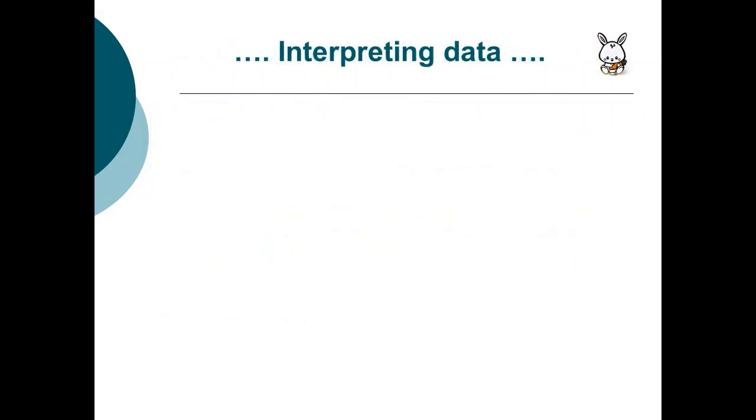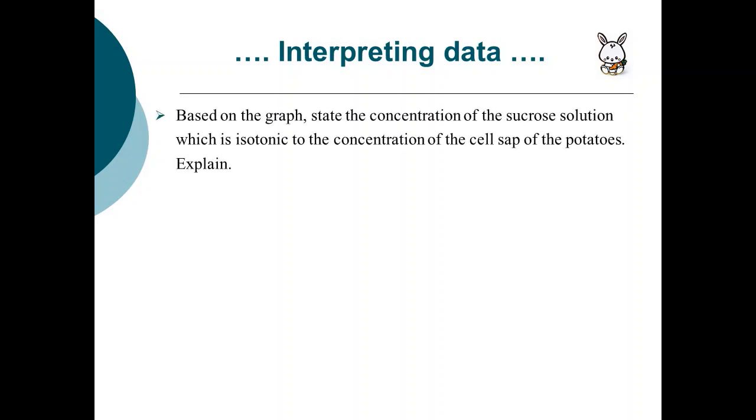Now we go to interpreting data. The question can be like this. Based on the graph, state the concentration of the sucrose solution which is isotonic to the concentration of the cell sap of the potatoes. Explain. So how do we answer this question? We must refer to the graph.